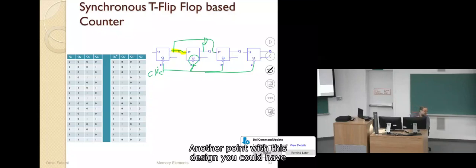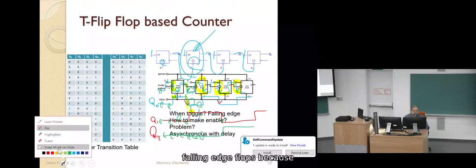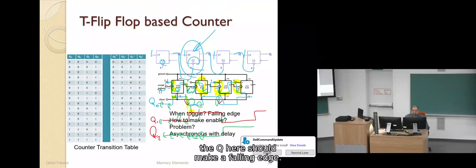With this design, another point. With this design, you could have a T flip-flop with rising edge or falling edge. It doesn't matter. Both of them work with this design. But the previous design only works with falling edge T flip-flops because the Q here should make a falling edge.